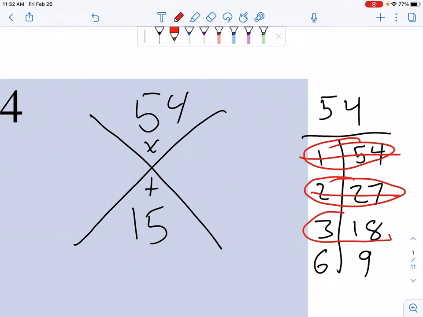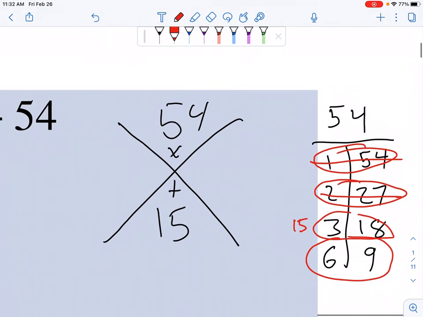3 and 18, if I do 18 minus 3, that does make 15. But one of them will have to be negative. And 6 and 9 also will make 15 if I add them up. And that'll make a positive. So let's see here. If I used 3 and 18, the 3 would have to be negative and the 18 would have to be positive in order to get to this 15.